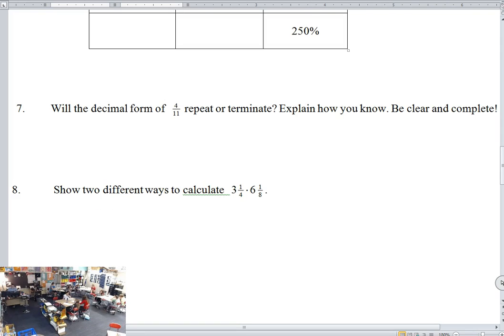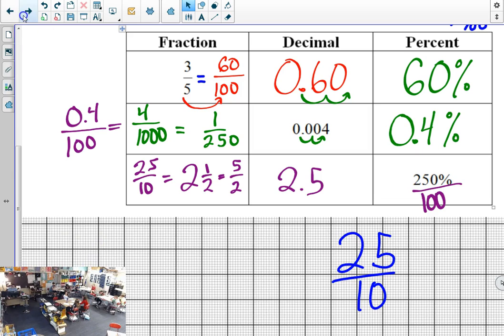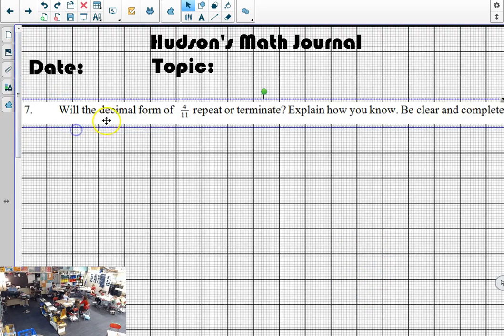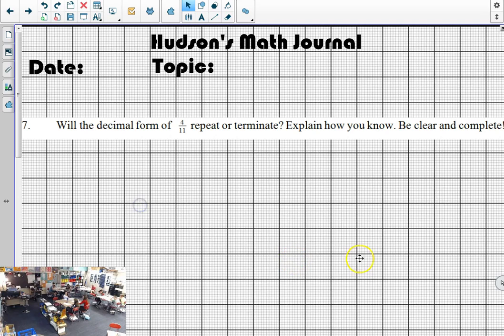In 7, if you remember the rule that I taught you, you'd probably remember that 9s and 11s repeat if you have a denominator of 9 or 11. But if you could not remember that, totally fine. What can we always do with a fraction to figure it out, even if we don't have a calculator? Alex? Long divide. Numerator, denominator. Numerator goes inside.